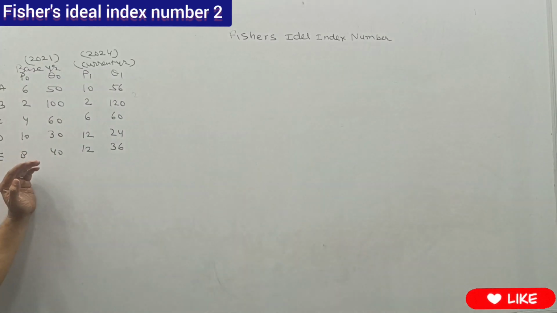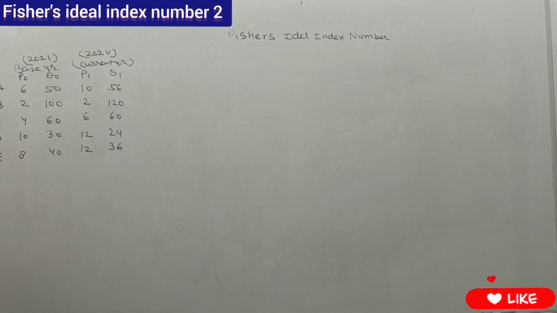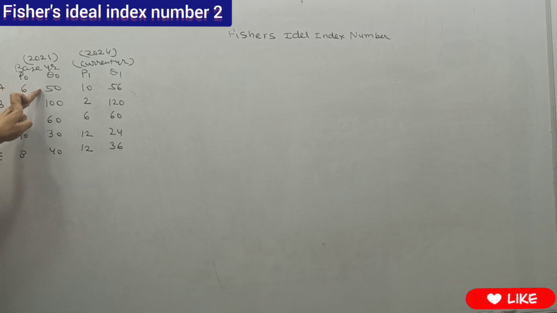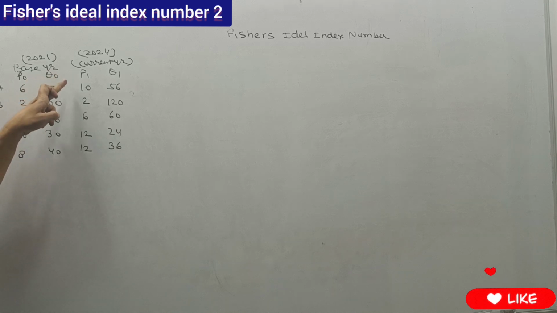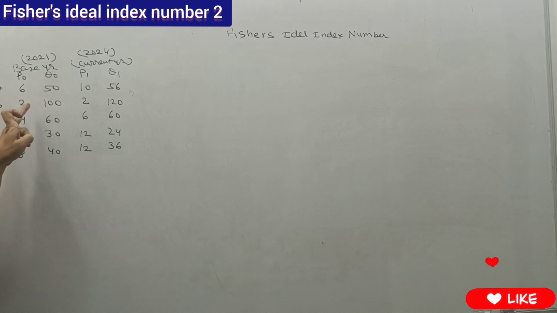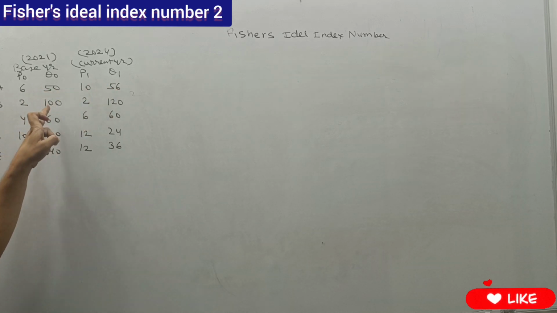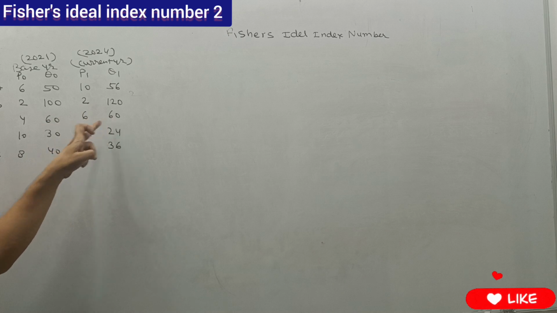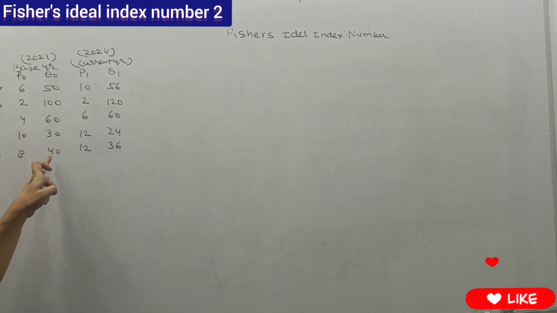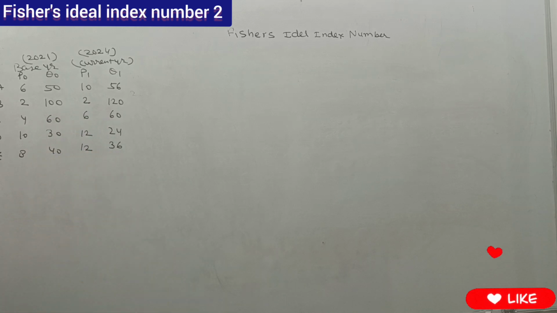Calculate the Fisher's ideal index number. The base year prices are 6, 2, 4, 10, 8 rupees and the quantities purchased are 50, 100, 60, 30, 40. The prices increase 6 to 10, 2 to 2, 4 to 6, 10 to 12, 8 to 12, and the quantities change 50 to 56, 100 to 120, 60 stays equal, 30 decreases to 24, 40 decreases to 36.